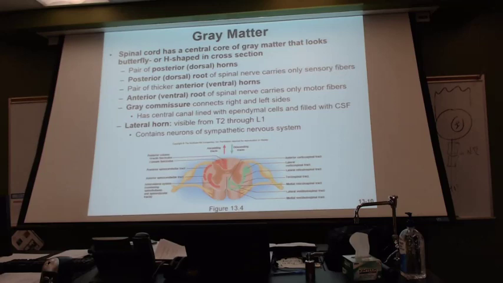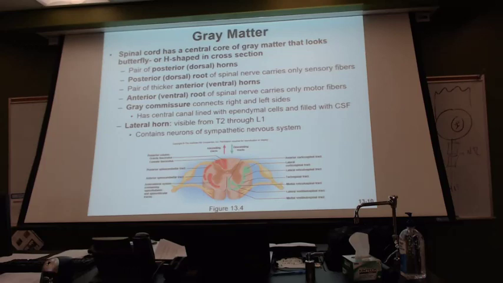I've got a representation for information that can move by way of what they're terming the red ascending tracts and green descending tracts. Now note, they're trying to show us the green and the red as one being on one side, one being on the other side, but you have both green and red on each side. Does that make sense? Okay.